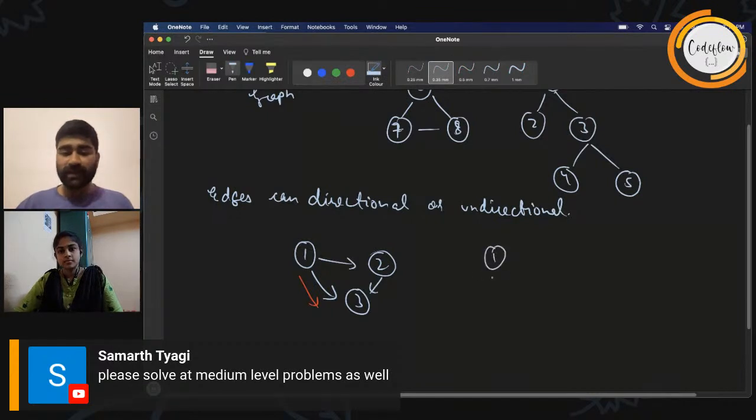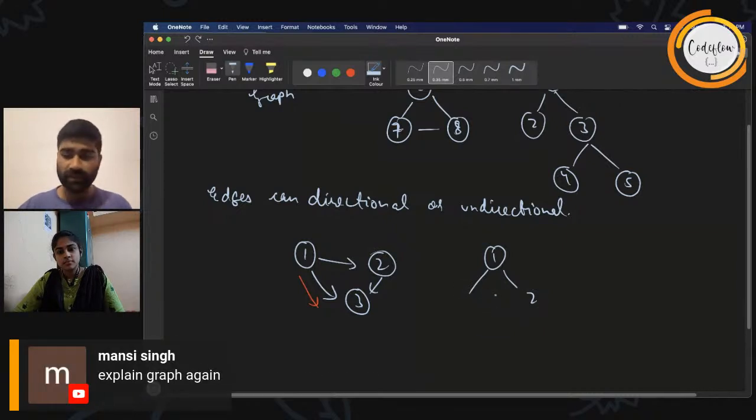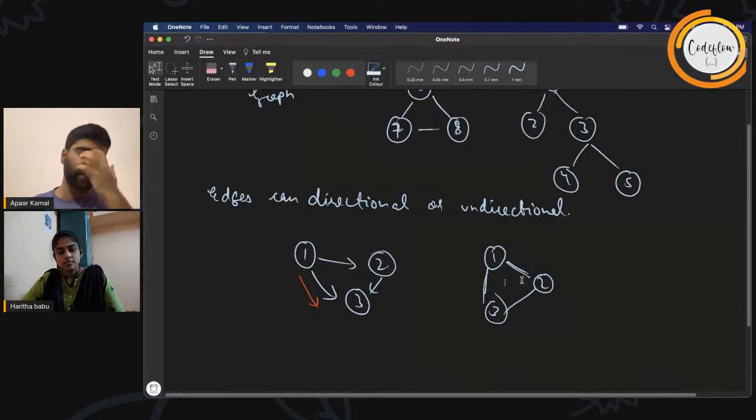Now let me make the same graph again. So it's 1 2 3, same. So this is 1, 2, and 3. Now, guys, we can see that we don't have directions in our edges. So if we don't have directions in our edges, that means we can travel anyway, right?